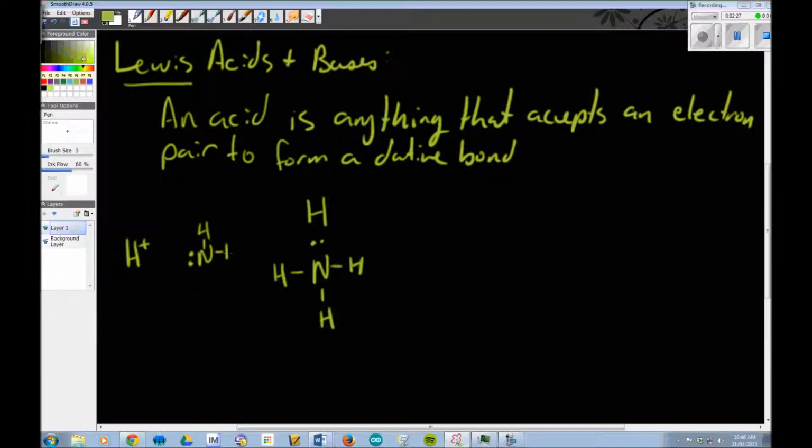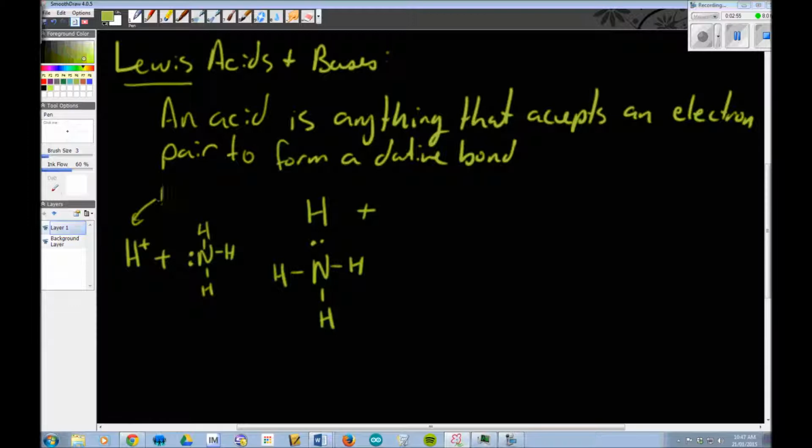Something like ammonia is a very fantastic pair for this. So this is a Lewis acid, an electron pair acceptor. This is a Lewis base, an electron pair donor. This makes a dative bond between the hydrogen and the ammonia to make an ammonium ion. So a dative bond is where both electrons come from one species.